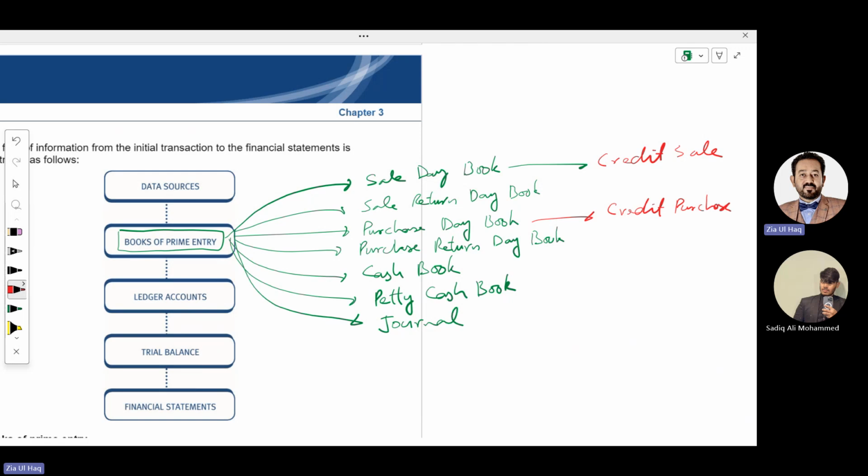And purchase returns will be recorded in the purchase return day book. In the cash book, we record everything bought or sold for cash, meaning cash items where we are paying cash, not credit. All other accounting entries will be recorded in the journal.